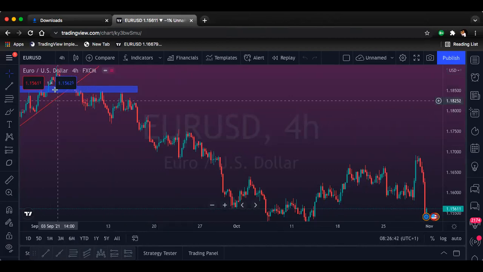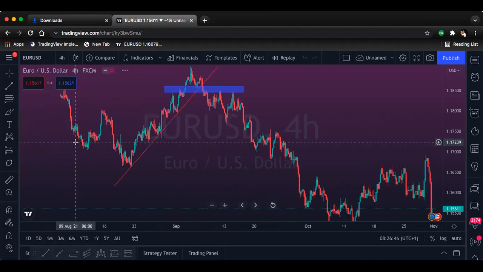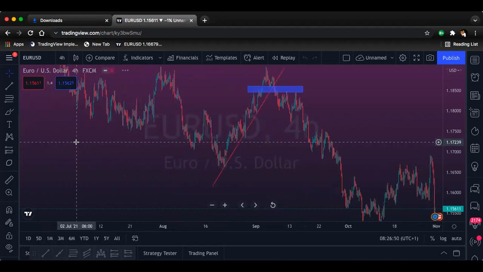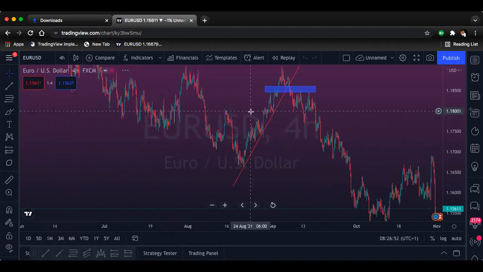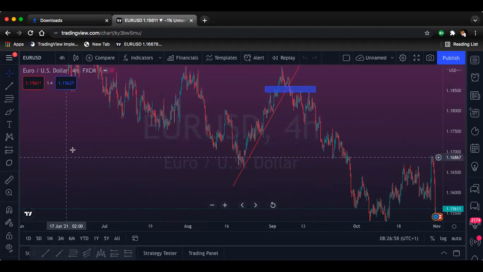So I think I will just load a fresh chart. I was on swings before, but there's something we do not know about swings. Right now, I'll be deleting everything, all the objects on this chart.